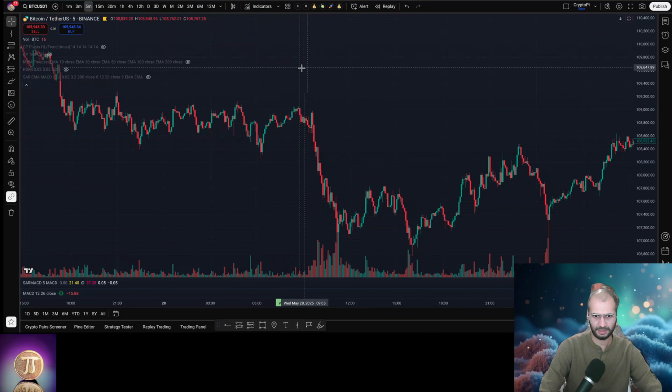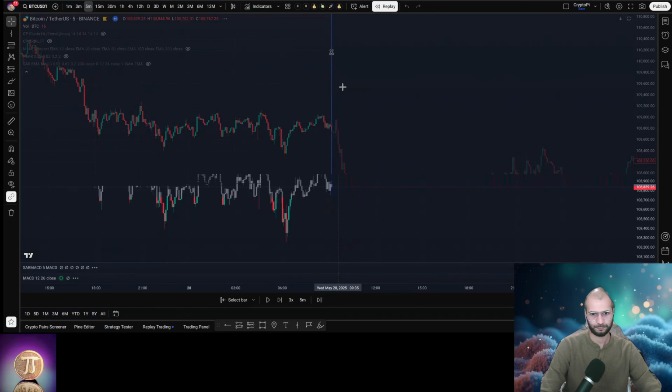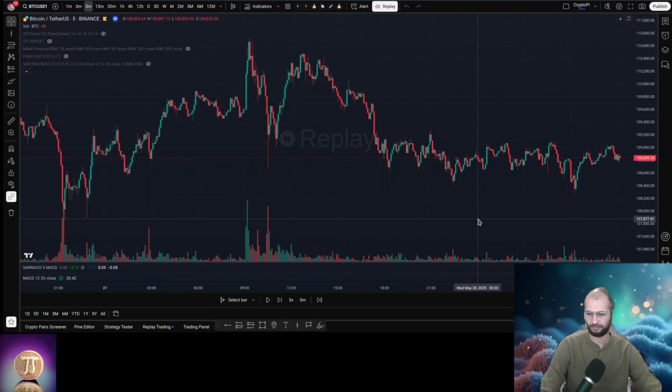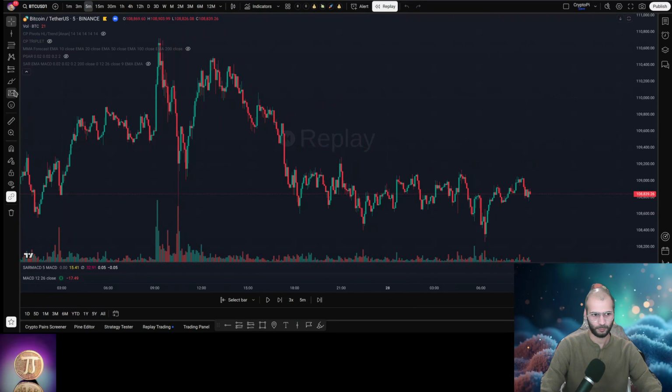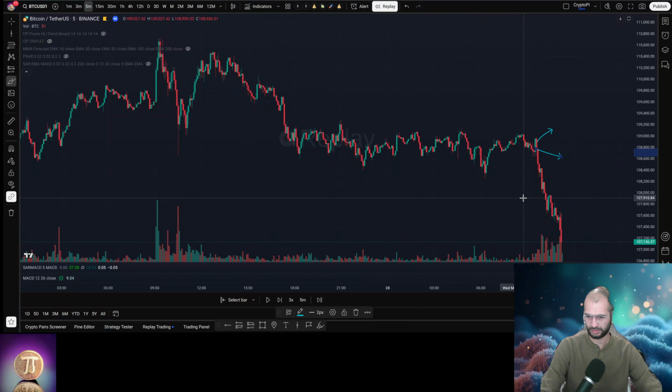If I saw it this way, at this point I would have no idea where the market will be going. There is no indication to it. But now if I keep going further, all right, now I know the downtrend has begun.